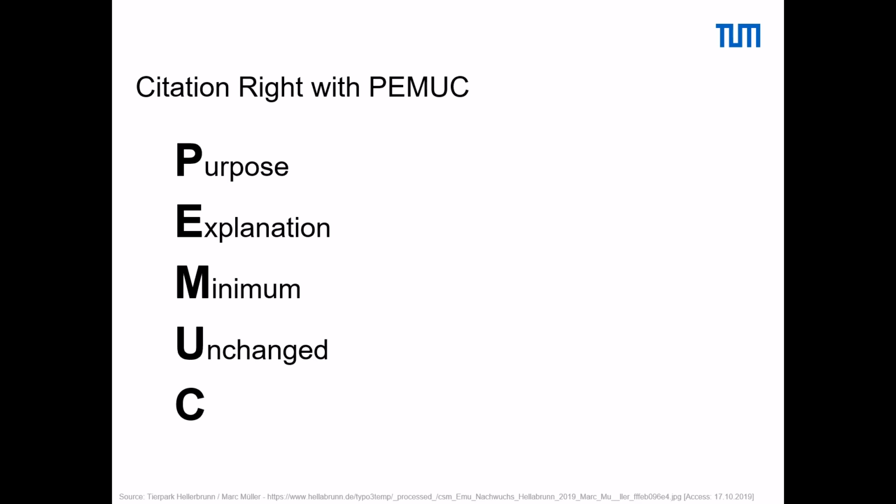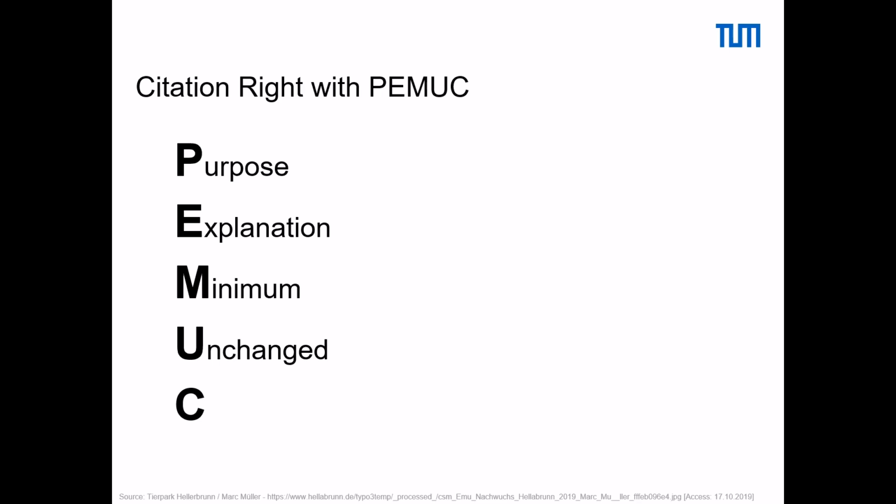Nevertheless, even if we cite indirectly, it makes sense to use the PEMUC scheme to check whether it's sensible to use this citation, because in this case, the unchanged condition, we just apply this to the meaning of this citation, which of course also if we cite indirectly, we are not allowed to change the meaning.